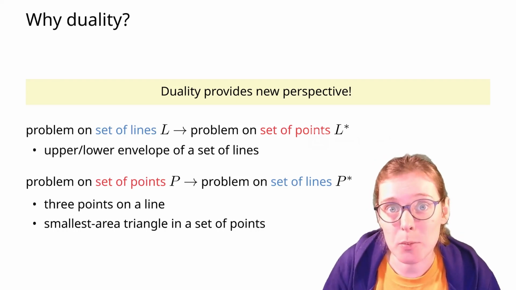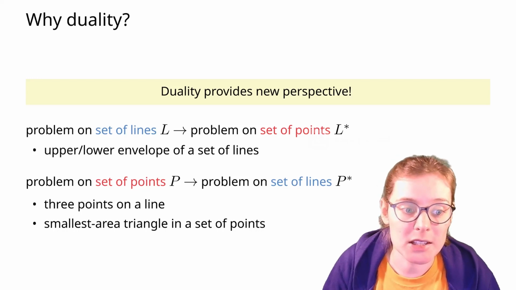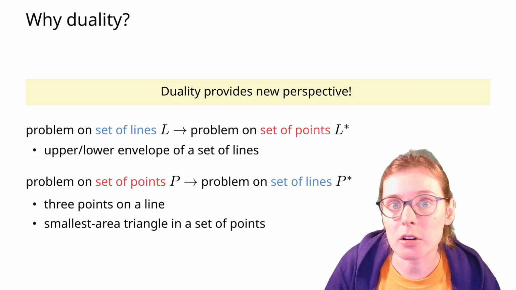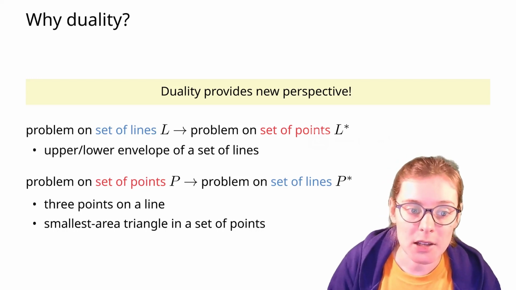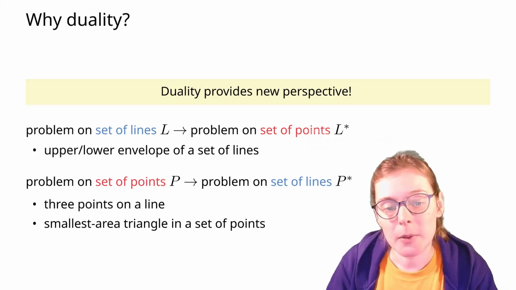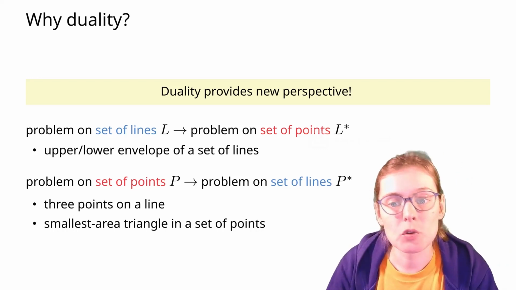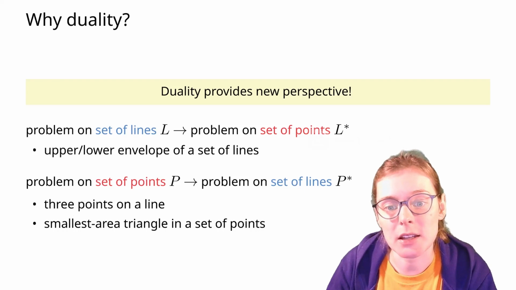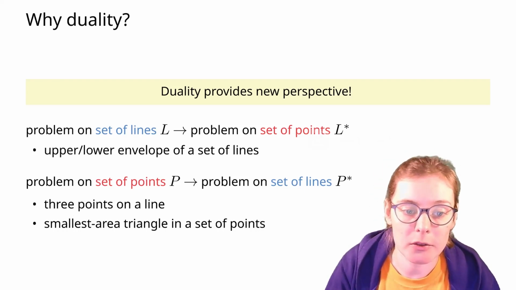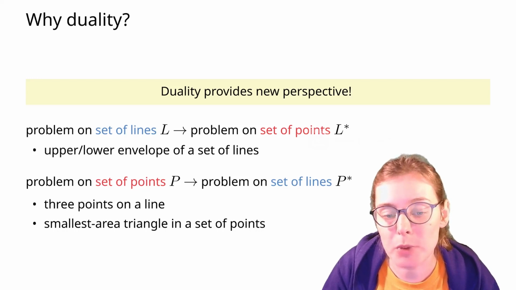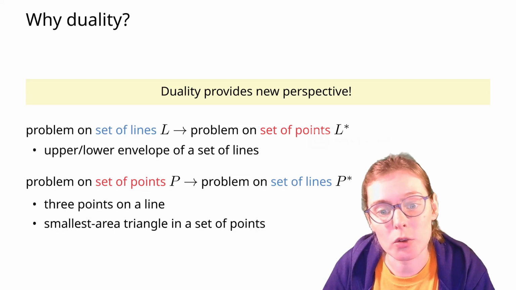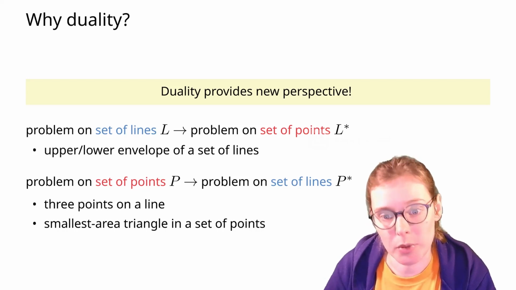And an example of such a problem we have just seen when we want to compute an upper or lower envelope on a set of lines, and instead of solving it directly on these lines, we convert this problem to have a set of points as the input, and instead of finding the lower envelope or an upper envelope in the primal plane, we find a convex hull, an upper hull or a lower hull in the dual plane.